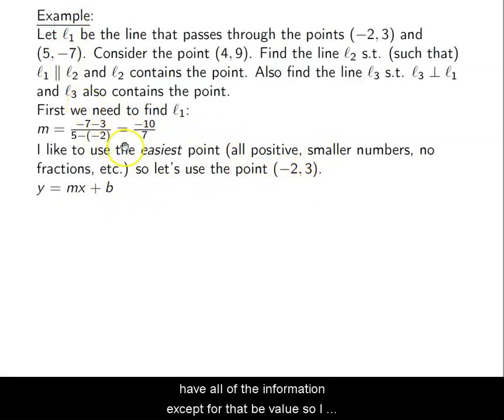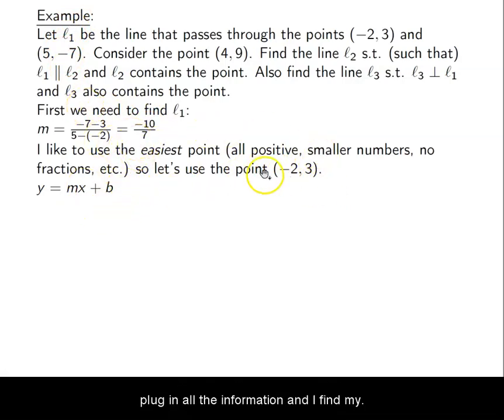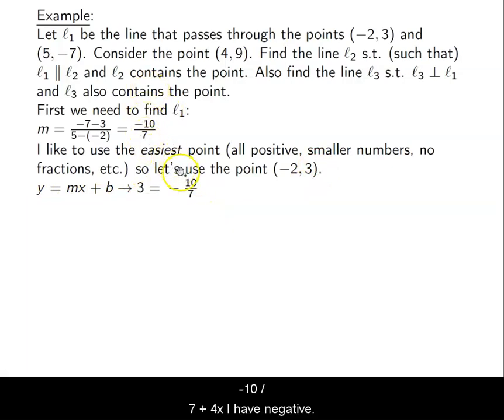So I have all of the information except for that B value. I plug in all the information and I find my B. So my y is 3, equals M, which is -10/7, times x, which is -2, plus B. This is the equation that I'm working on.